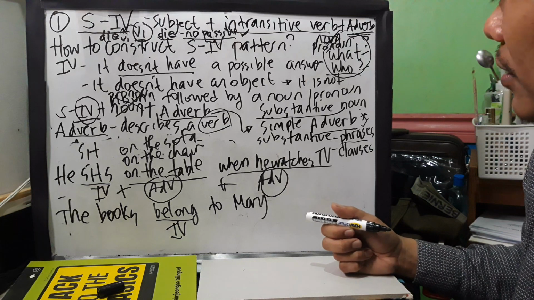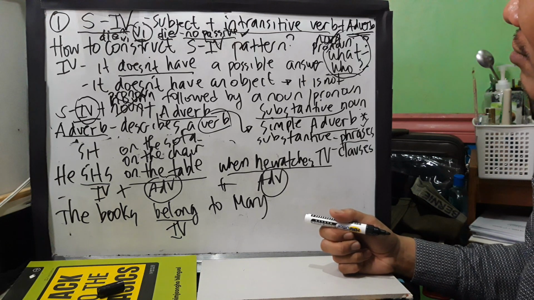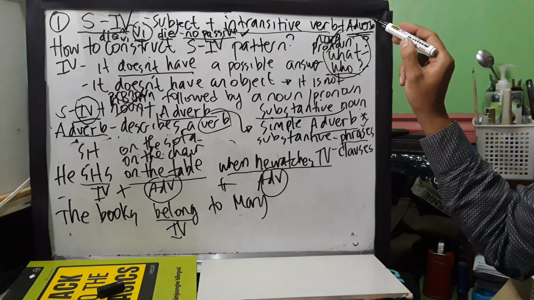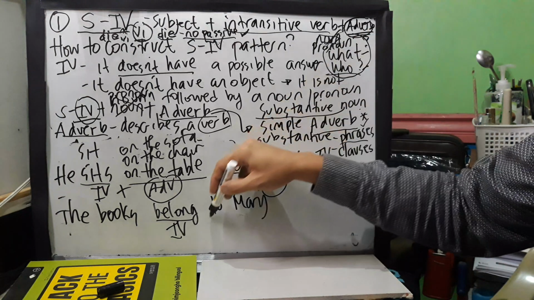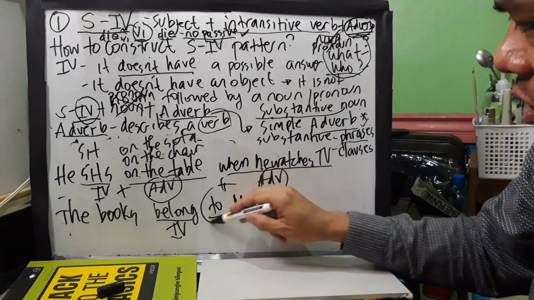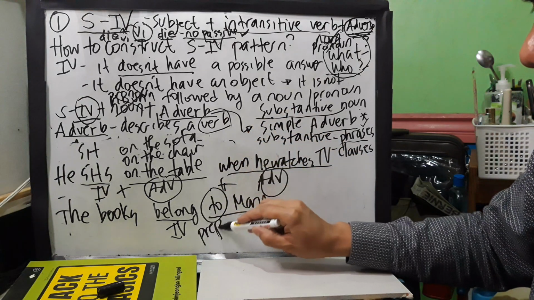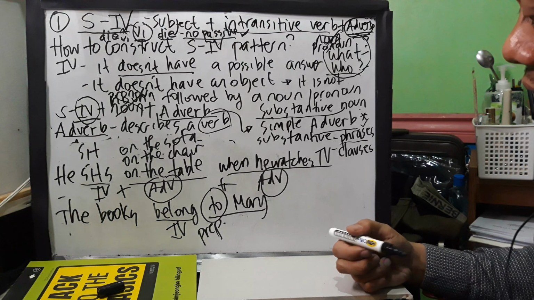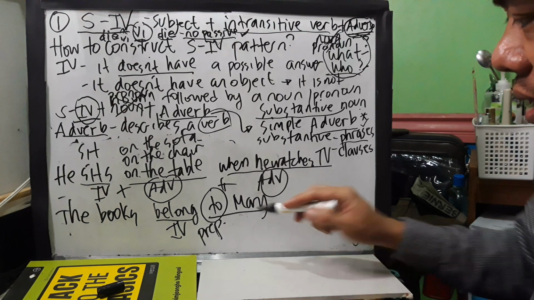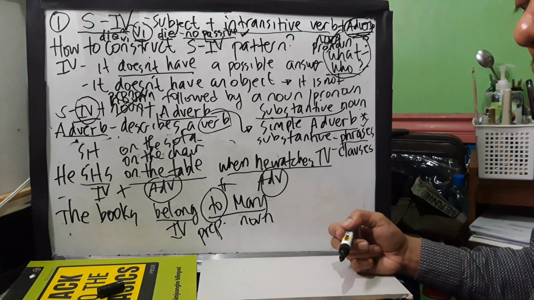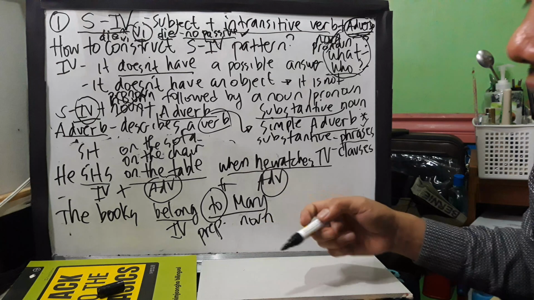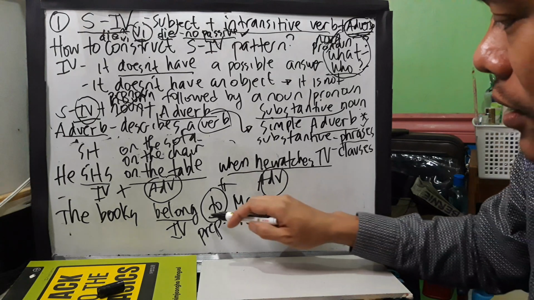You said, teacher, that an intransitive verb is followed by what? An adverb. Yes. So to Mary. But look at this. To is actually what? A preposition. And then Mary is what? It's a noun. Because to Mary is not actually an adverb. In this case, guys, the books belong to Mary.